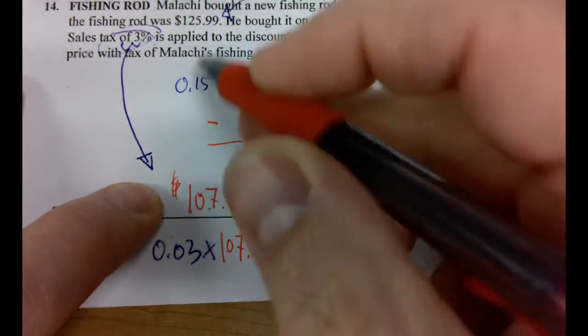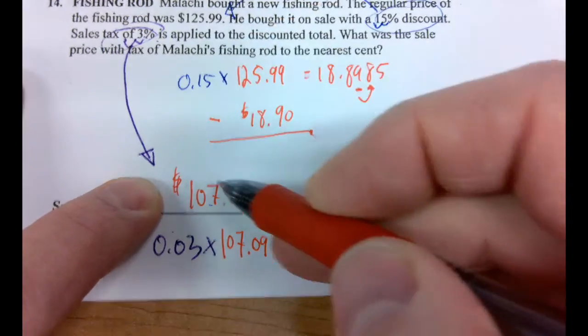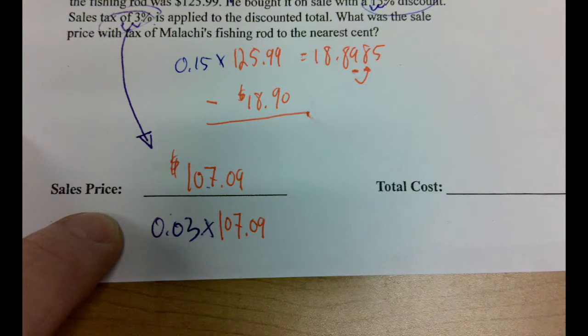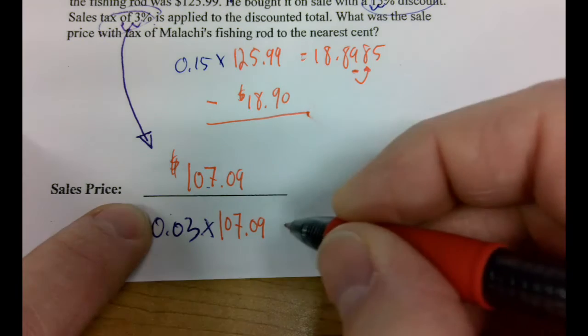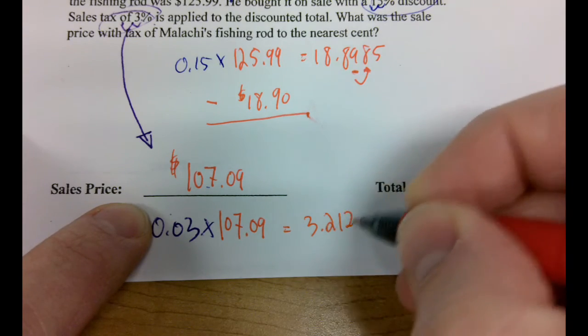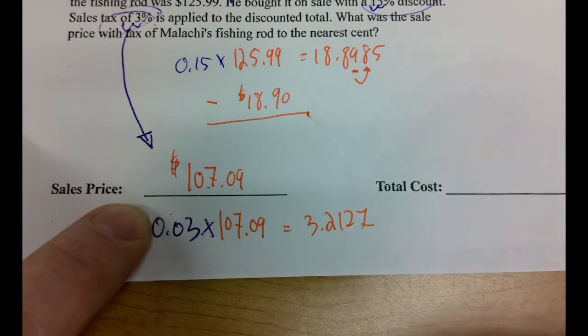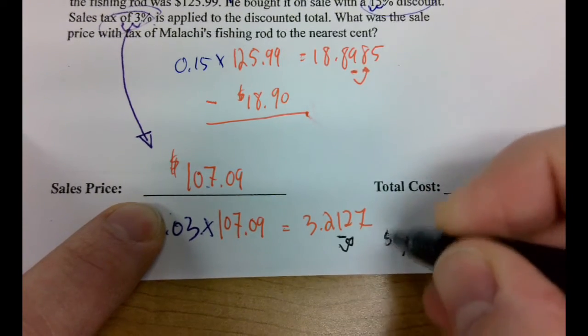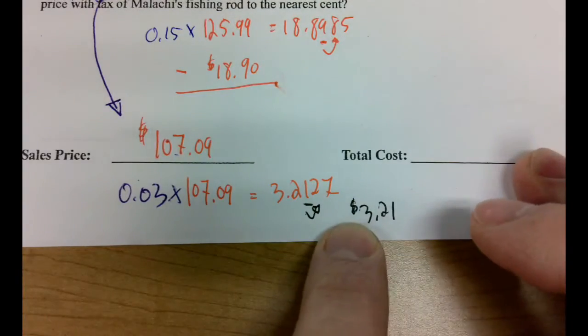Cross your fingers. Hope that comes out nice. If it doesn't, well, there you have it. Yeah, write it on out. And once again, round to the nearest penny. So that's going to be $3.21. Again, that is not the total he pays for the fishing rod. That's the amount of tax. So what do you do with tax?